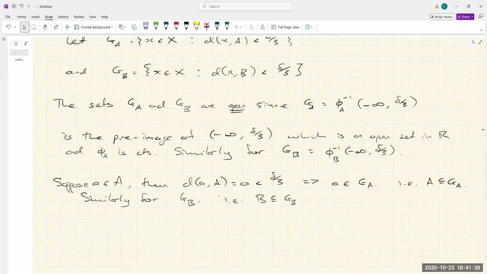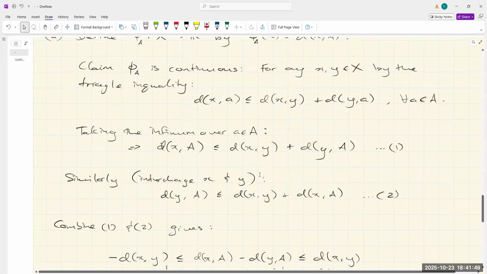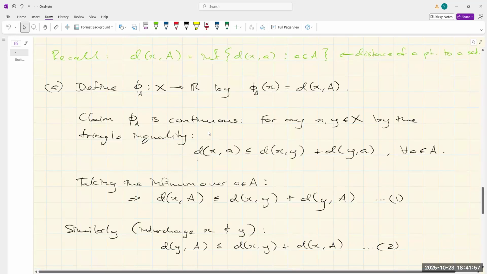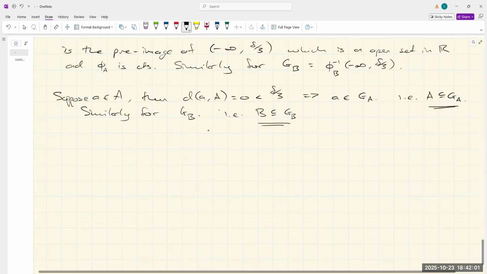What else do we need? The last thing we need to show is that GA and GB are themselves disjoint.